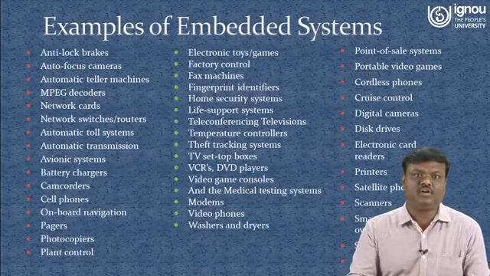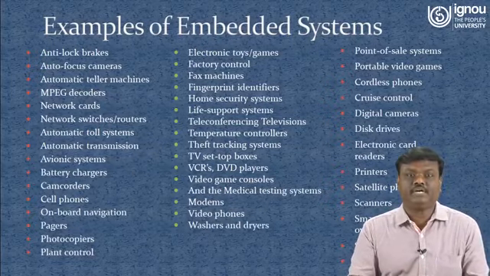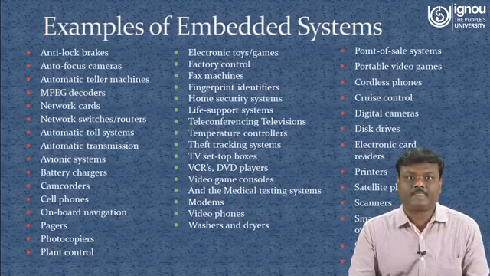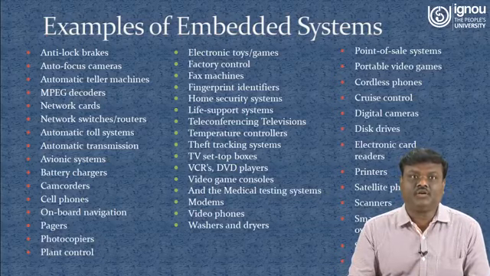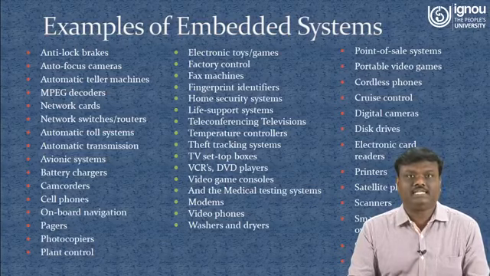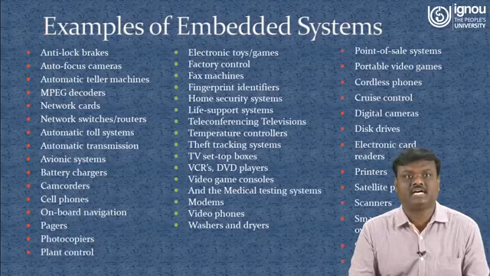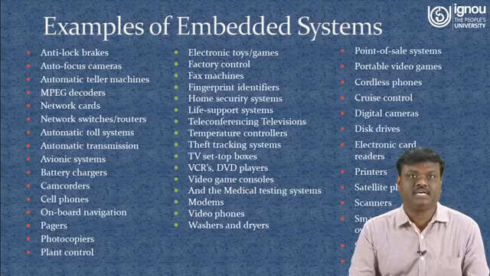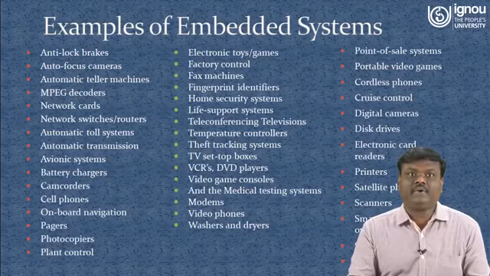I have given many examples here pertaining to embedded systems, like anti-lock brakes and autofocus cameras. Canon, Sony and other cameras nowadays come with inbuilt embedded systems, maybe for image processing, maybe for storage, maybe for other reasons. Automatic teller machines also contain embedded systems.